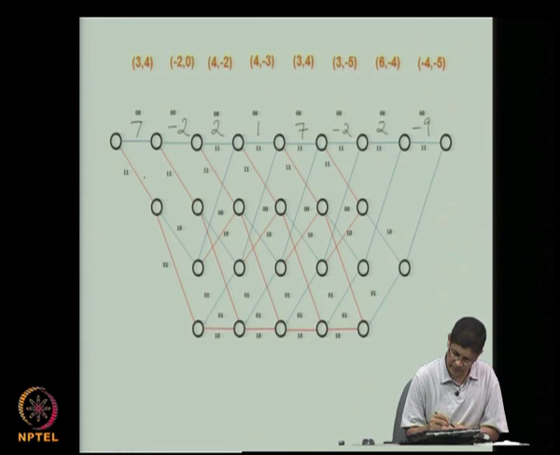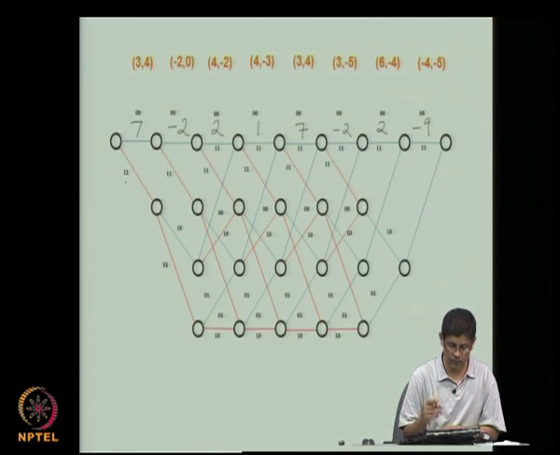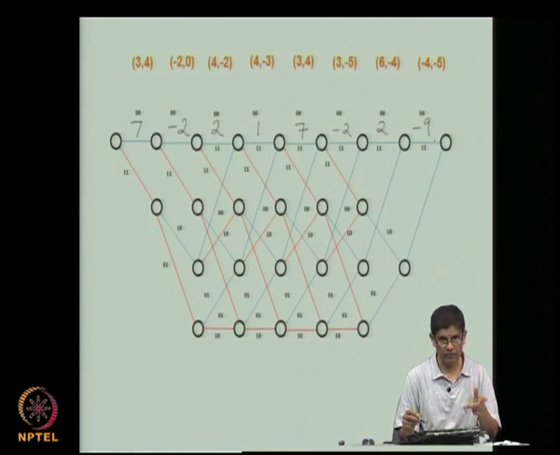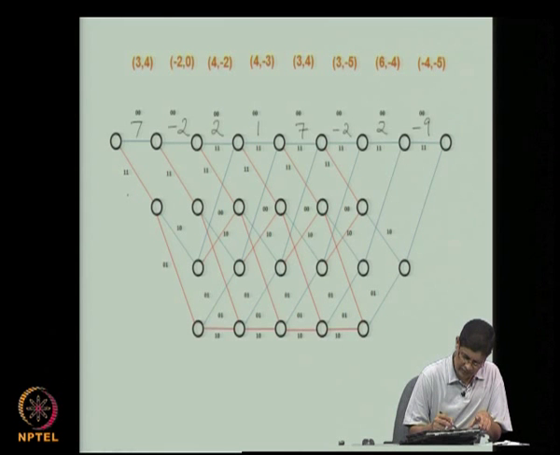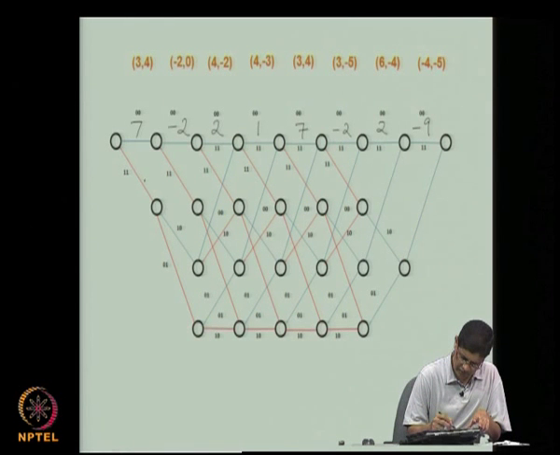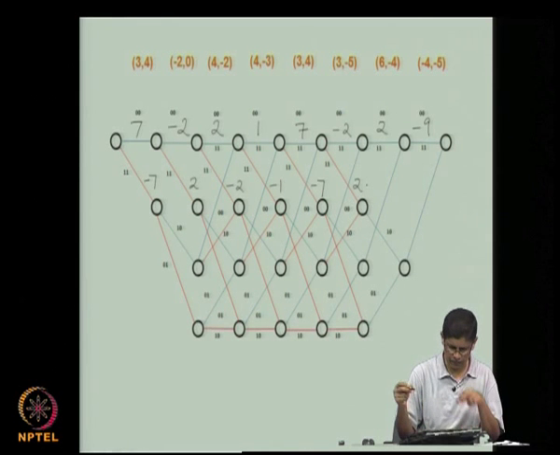The 1 1 branches correspond to minus 1 in the plus minus 1 format, so it is minus 3 minus 4. I have to write down exactly the same number as I did earlier, except that I have to flip the sign. So if this was 7, then this will be minus 7, and looking at this figure it looks like a good place to put that down would be here. So that is minus 7, that is 2, that is minus 2, minus 1, minus 7, 2.